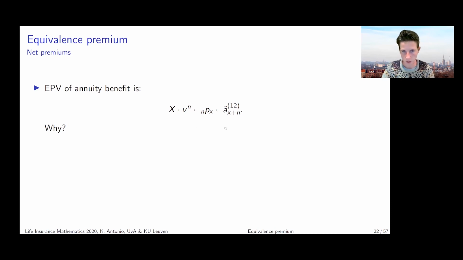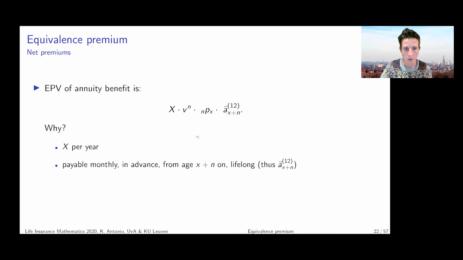And what you see over here, that's what we learned last week about how you should value a deferred life annuity. Okay, so I'm going to elaborate a little bit more on that. We've got X per year, right? So not X per month, but X per year. That's important. It's payable monthly because the exercise tells us so.